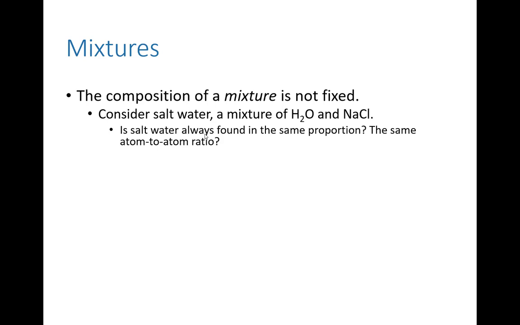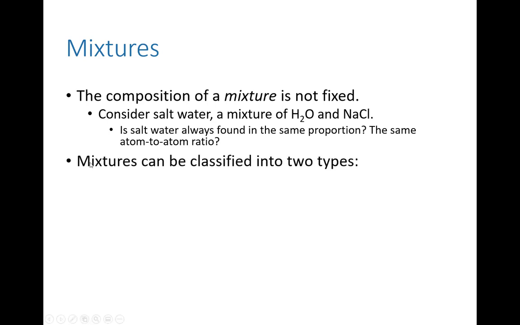And the answer to that is no. Well, what if someone said, okay, how about 5% salt water? Well, that does seem to define a ratio, but no matter how close we try, there's really no way to get to the same atom-to-atom ratio. We aren't going to be able to get down to that level of measurement. It's simply impossible, at least as of this point in time.